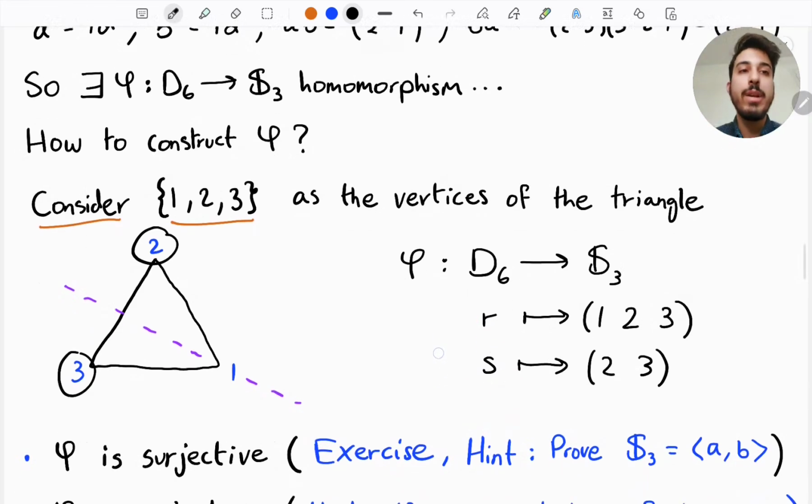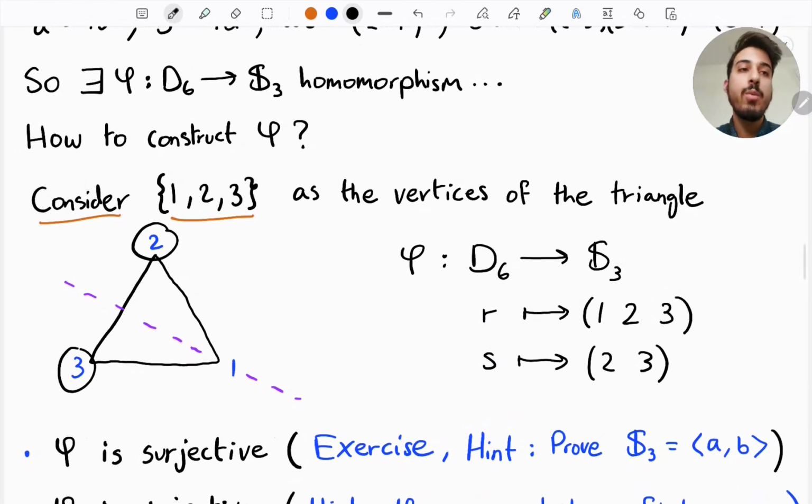So now that we have done our definition, we want to see that it is a homomorphism.